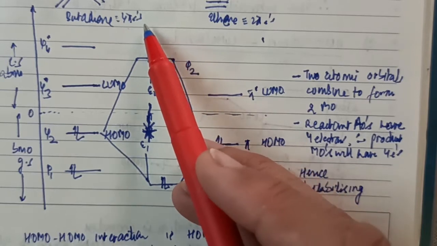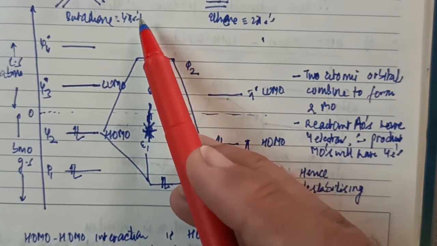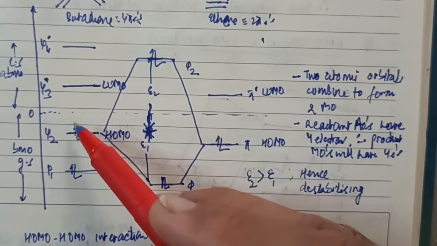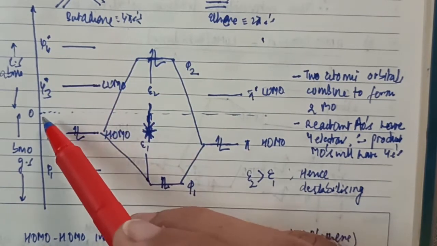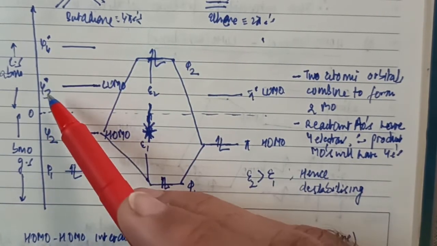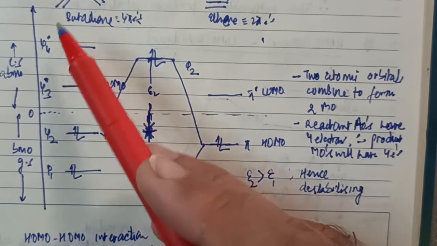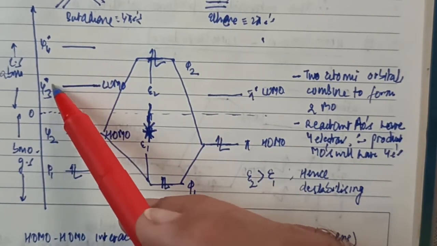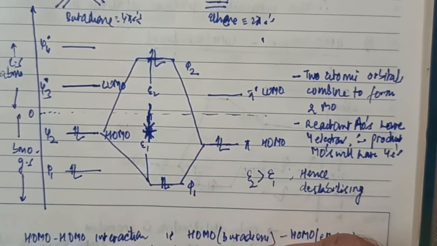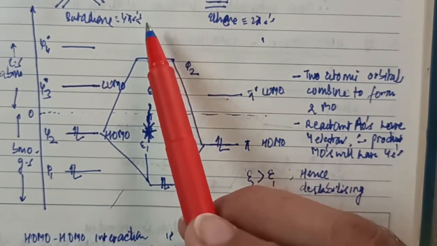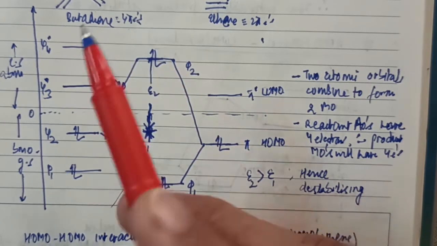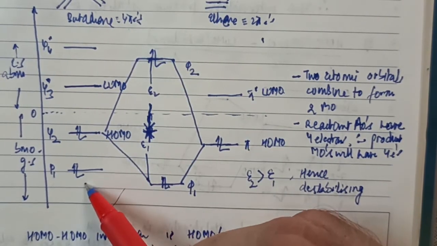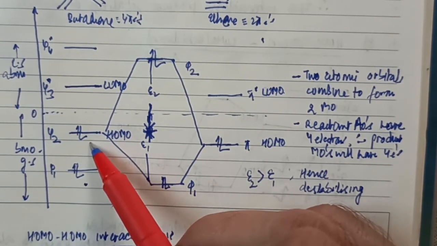You remember butadiene was a 4 electron system, 4 molecular orbitals are formed, psi1, psi2, psi3 star and psi4 star. The first 2 orbitals are ground state orbitals. The psi3 star and psi4 star are the excited state orbitals. The first 2 orbitals, psi1 and psi2, are bonding. The psi3 star and psi4 star are anti-bonding in nature. And since I have to place 4 electrons in the reactant system, the first 2 will go to psi1, the next 2 will go to psi2.